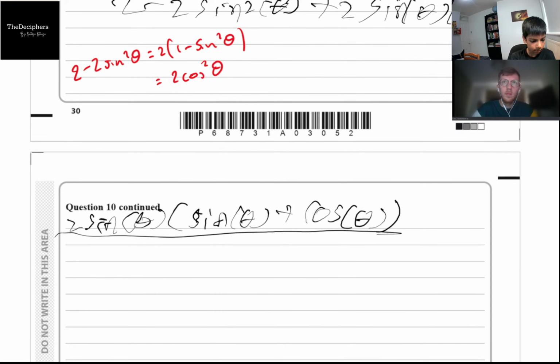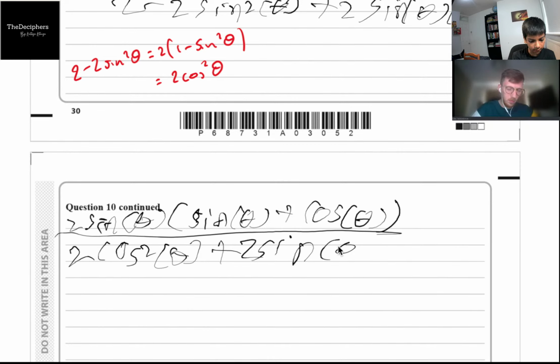So let's divide by 2 cos squared theta plus 2 sine theta cos theta.